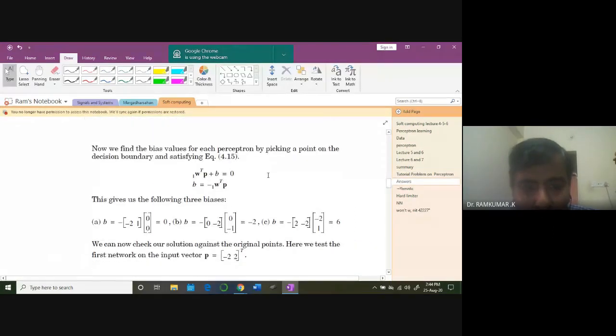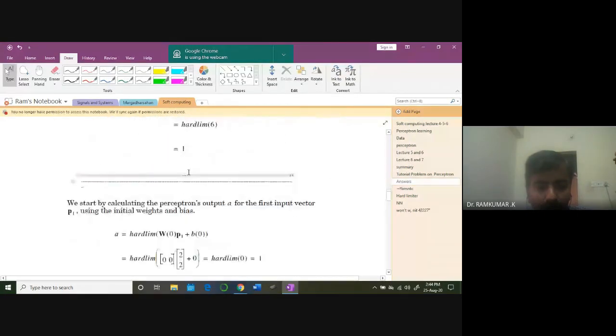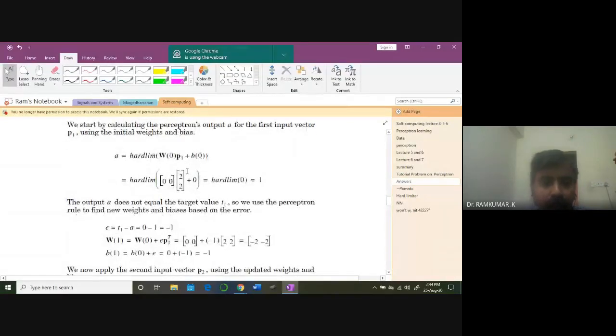Okay. So this is the kind of formula we're talking about. Like the previous problem, we'll start with W0 P1. The function given is hard limit. W0 P1 for the first pattern gives 0, hard limit 0. Now what do you want? For the first pattern, what is the output?